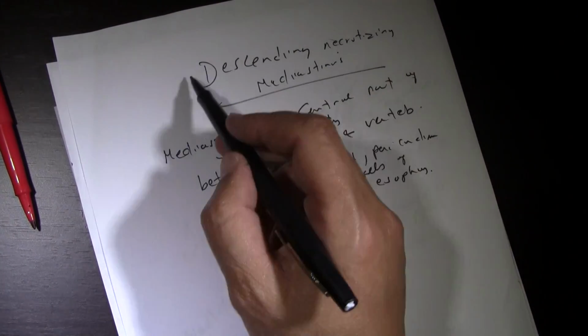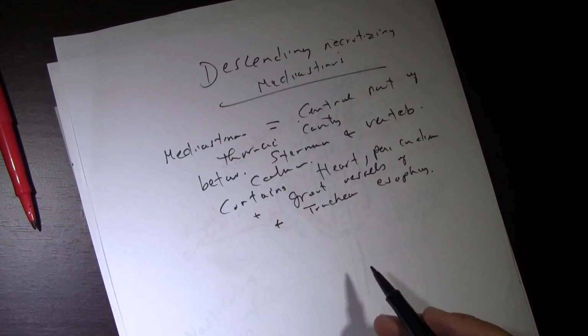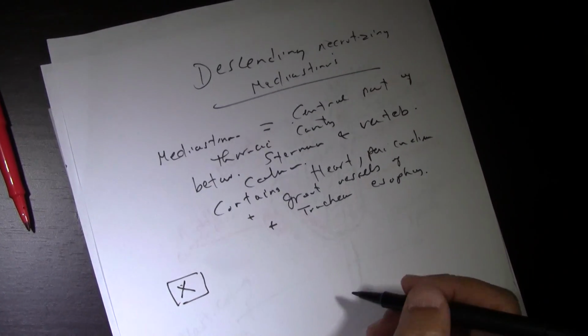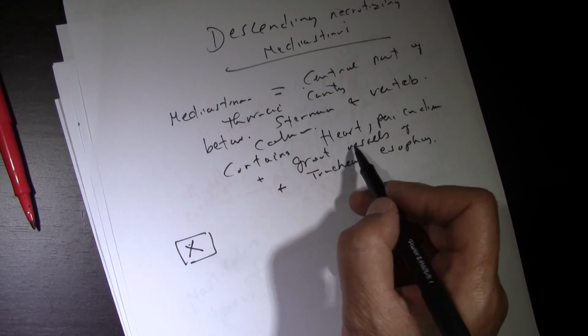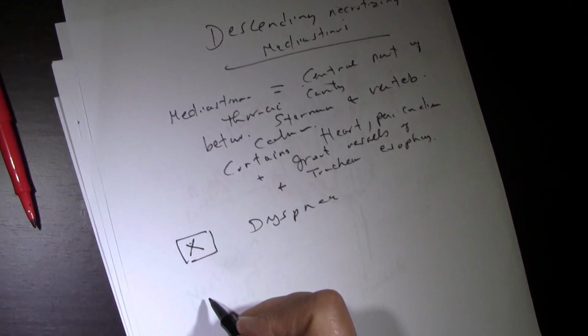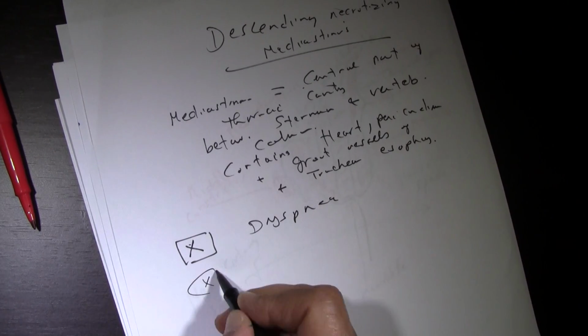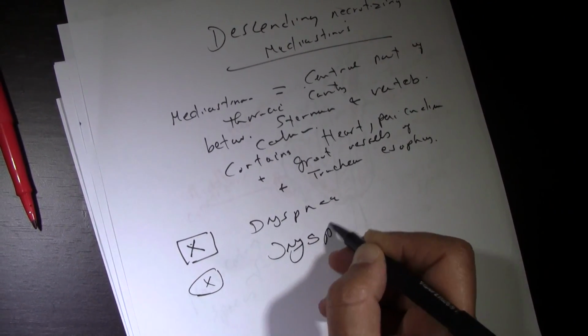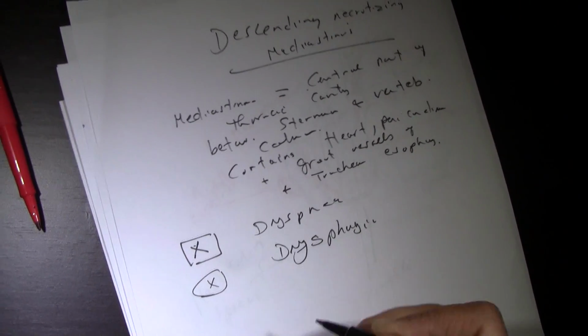So if there is infection in the oral cavity and it spreads down to the mediastinum, you will see this patient suffer from, because of the pressure and the infection, pressure on the trachea, which leads to dyspnea, difficulty breathing. Pressure over the esophagus leads to dysphagia, which is difficulty swallowing.